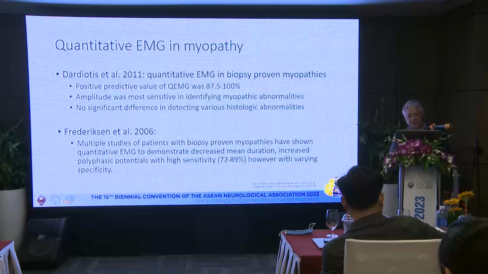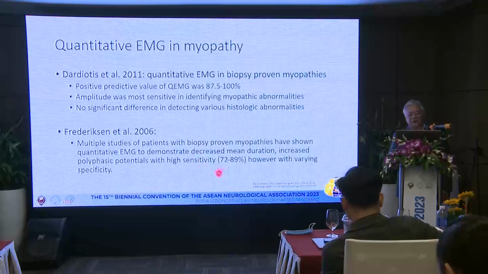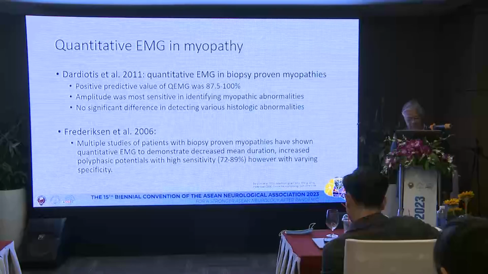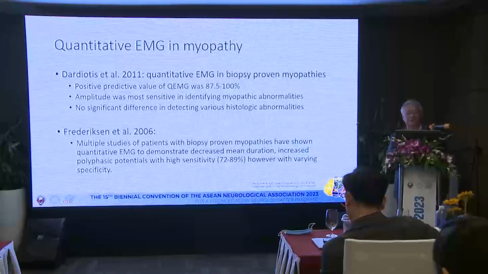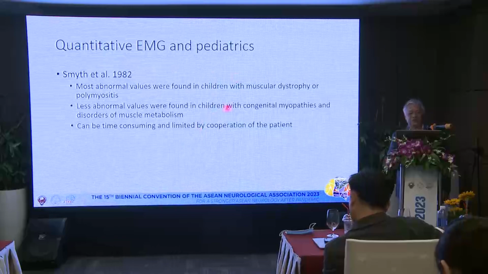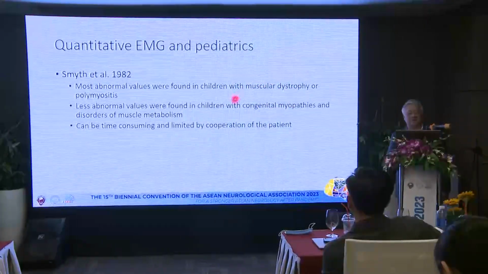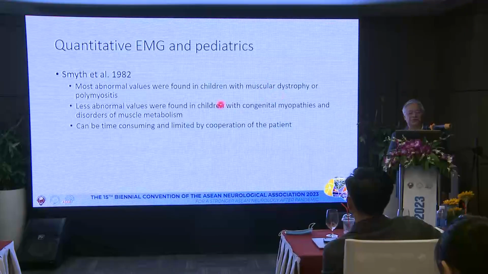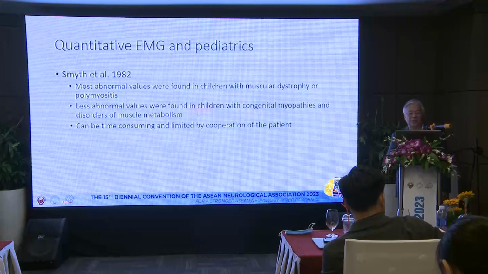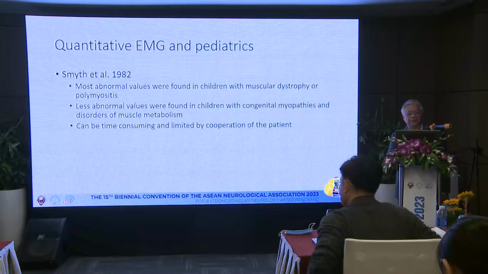And Fredrickson found pretty much the same thing, high sensitivity but really low specificity in terms of the actual myopathy underneath. Smith did this in children, and as we suspect, abnormalities were found in muscular dystrophy and polymyositis, but in patients with congenital myopathy and metabolic myopathy, the result was pretty much normal.